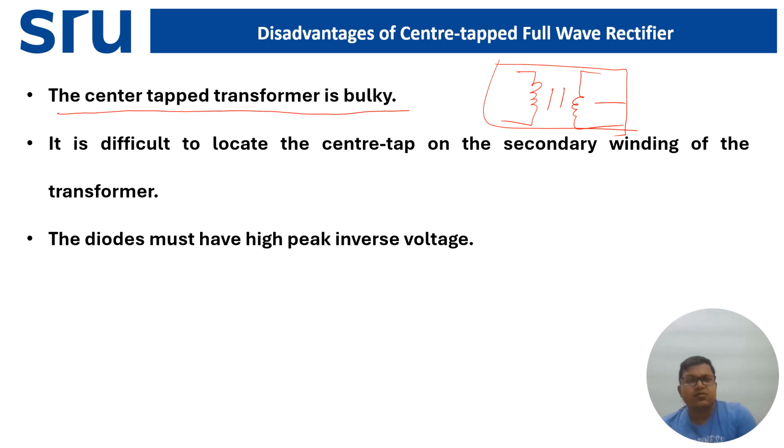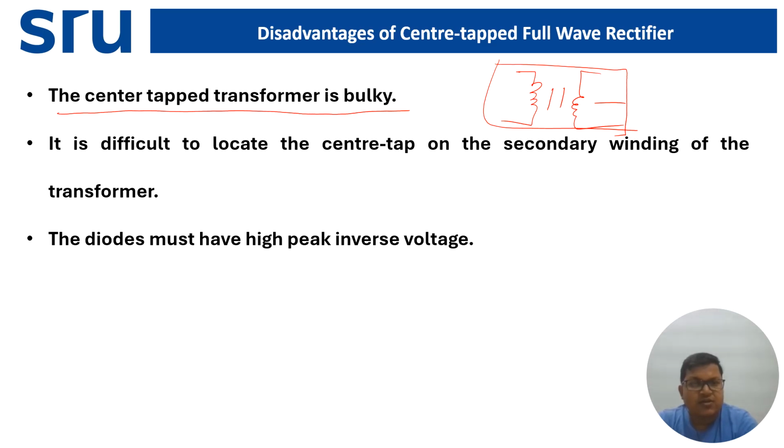So this is considered one of the disadvantages, not in terms of circuitry, but in terms of bulkiness because of the bigger size and also heavier than the other components. If we somehow can avoid these things, that will be much better as compared to this center tap transformer, which is a bulky one. Okay, so this is one of the disadvantages of center tap based full wave rectifier, right?